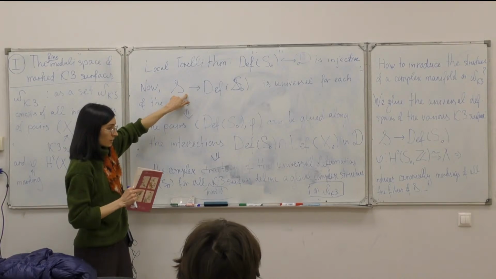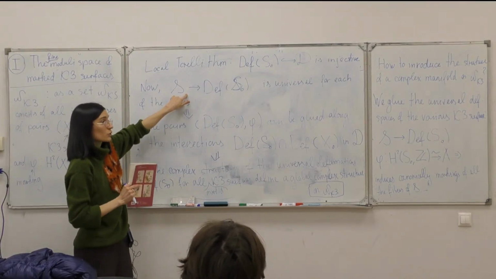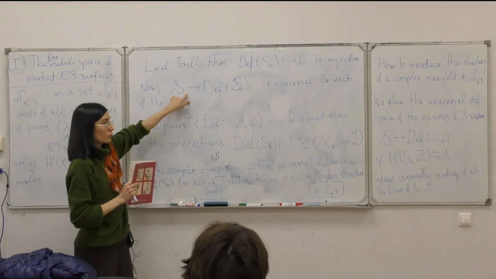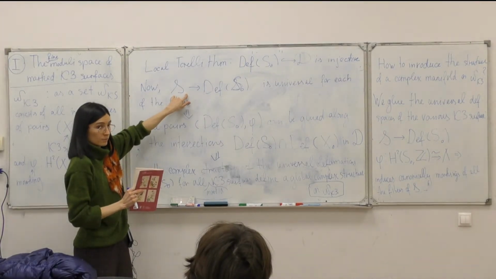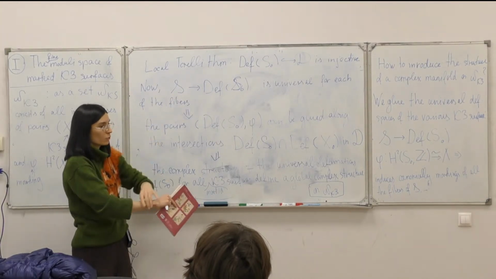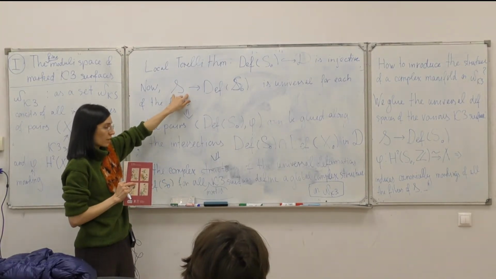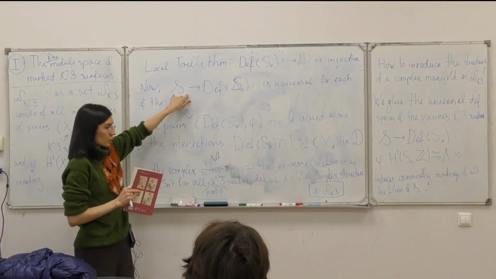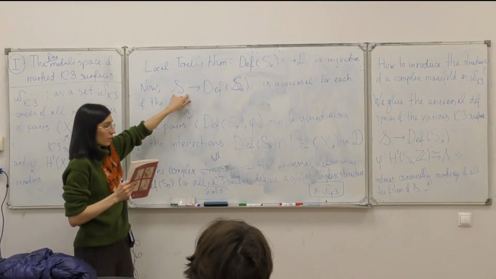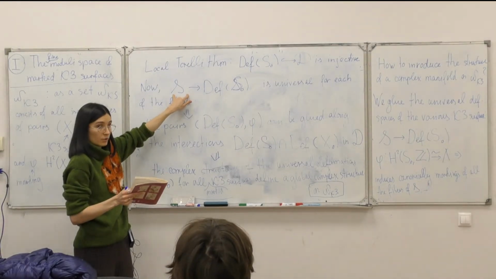And here we will use that a marked K3 surface doesn't have non-trivial automorphisms. At the end of the lecture, I will try to explain very, very roughly why we can't even hope to have a fine moduli space for all K3 surfaces without marking.